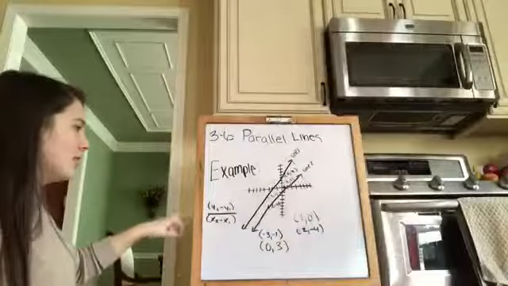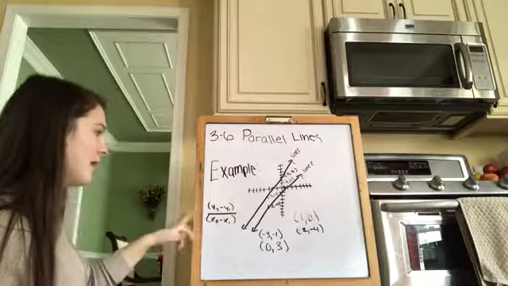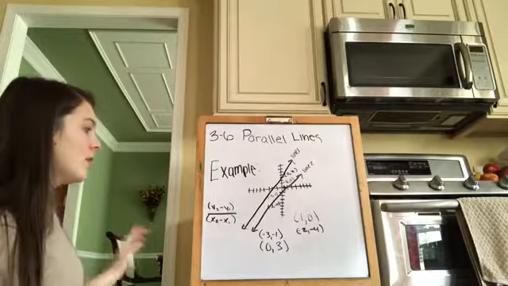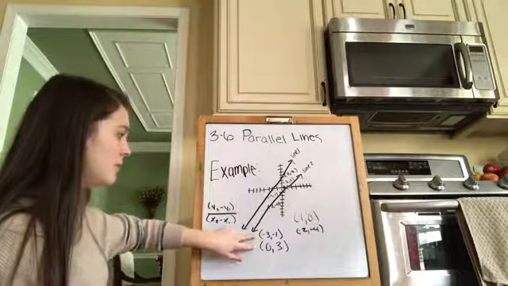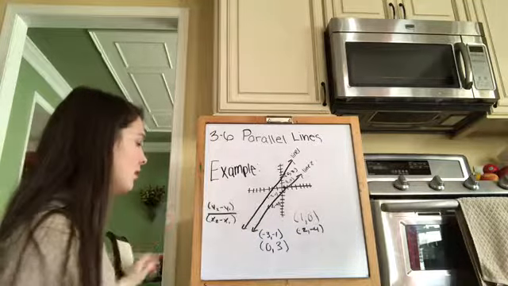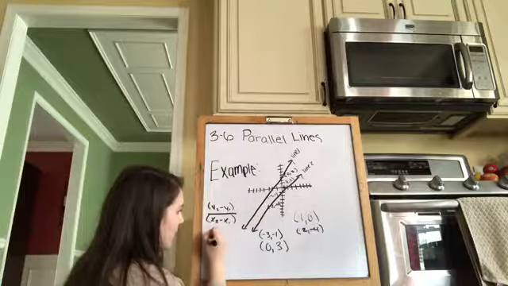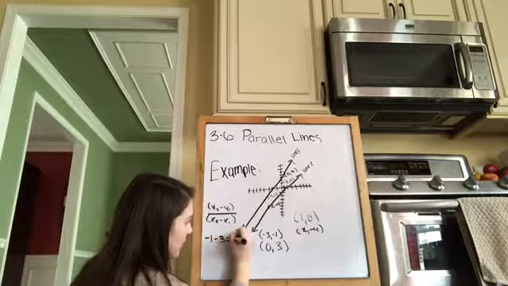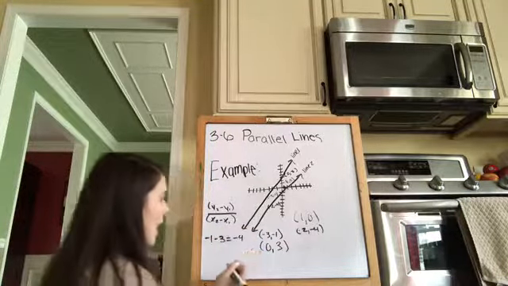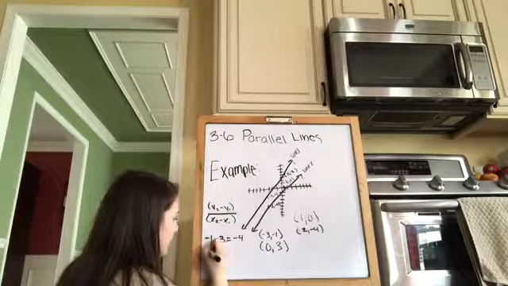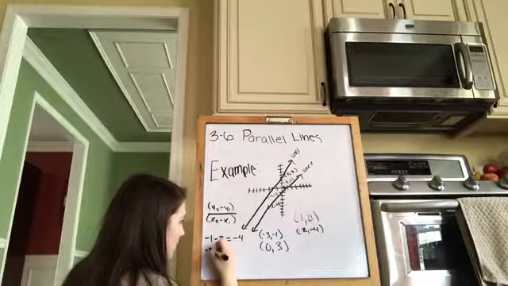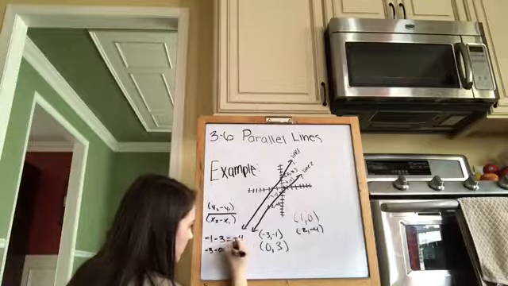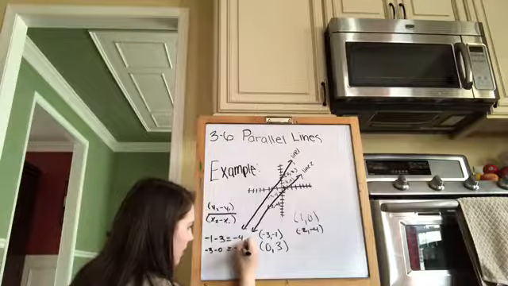Of two parallel lines, you're going to do y sub 2 minus y sub 1 over x sub 2 minus x sub 1. So here are my 2 points of this line. So you're going to do negative 1 minus 3, that gives you negative 4. And then you're going to do negative 3 minus 0 equals negative 3.